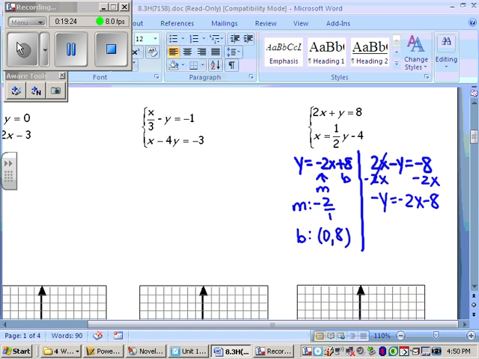Then we will get rid of our negative in front of the y by changing the signs of all three terms, which is the equivalent of dividing all terms by negative 1. So now we can identify the slope of 2, or 2 over 1, and the y-intercept of 8. So let's go ahead and scroll down to the graph and graph this information to find the point of intersection.